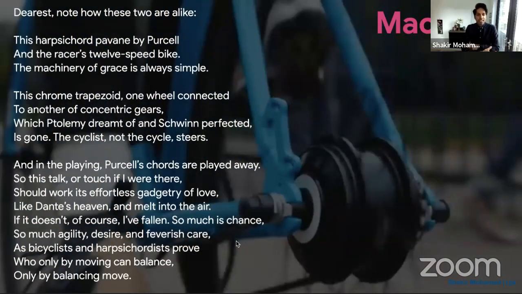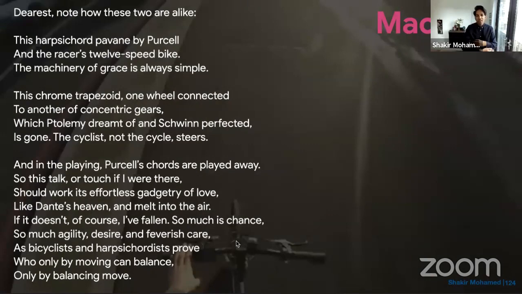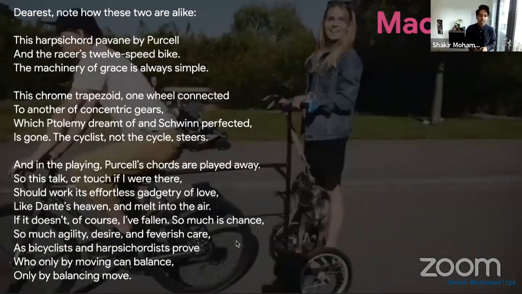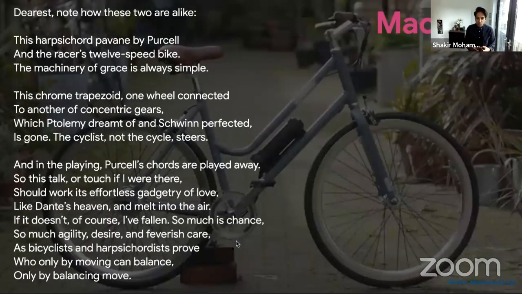Dearest, note how these 2 are alike. This harpsichord pavan by Purcell, and the race's 12-speed bike. The machinery of grace is always simple. This chrome trapezoid, one wheel connected to another of concentric gears, which Ptolemy dreamt of and Schwinn perfected, is gone. The cyclist, not the cycle, steers.